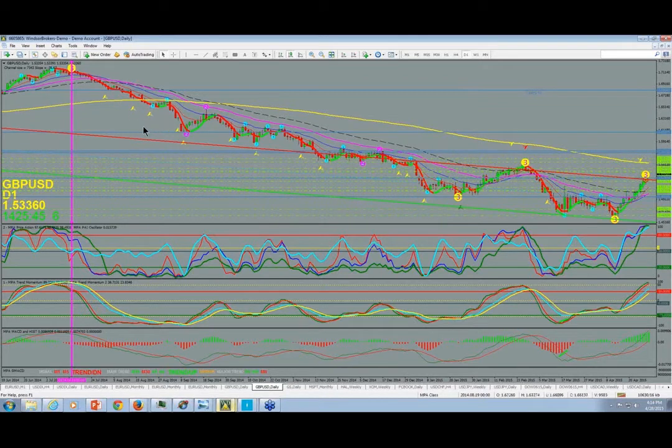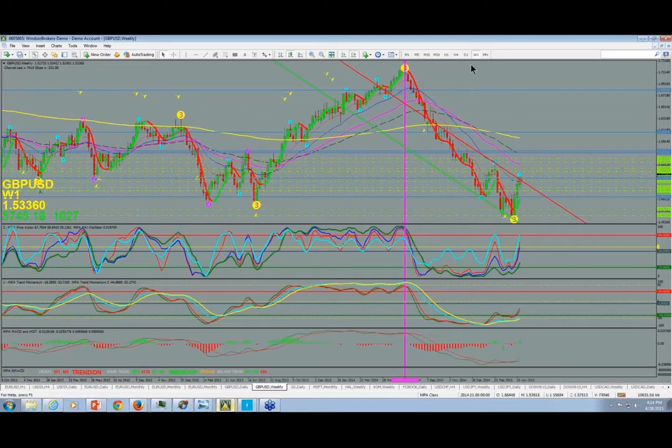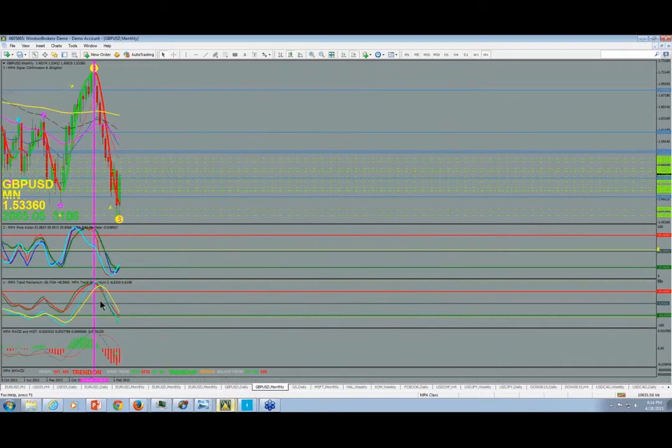As it cycled down, it then started to slingshot lower and lower and lower as my weekly kept pushing lower. And as my weekly keeps pushing lower, it too started to slingshot lower and lower, all the while my monthly is doing what? Very simple. Monthly trend momentum and PAI were pointing down.